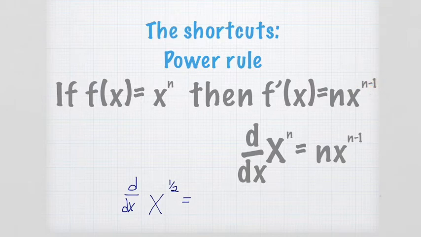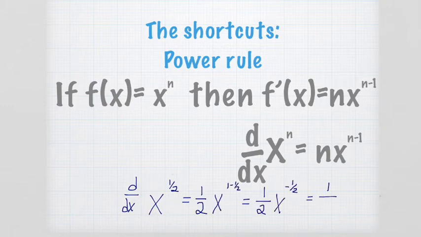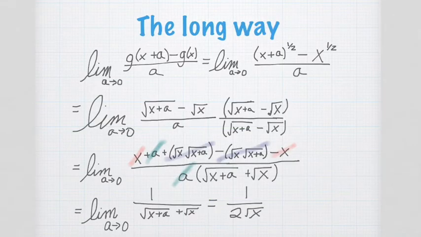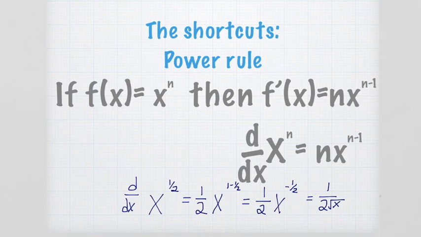You can write that as f prime of x, or the d over dx of x to the n. Either way, the math comes out as so. Say you have d over dx of x to the 1/2 power, that is going to equal 1 over 2 square root of x, which is the same value as what you had from the long way. Personally, I prefer my shortcuts.